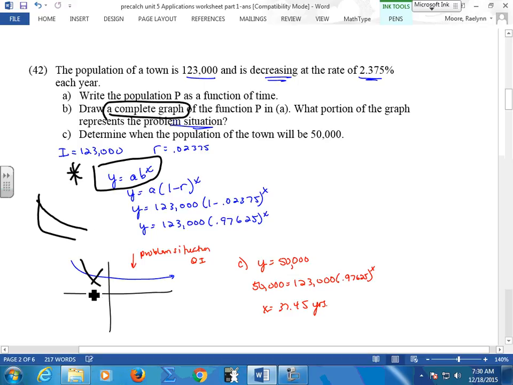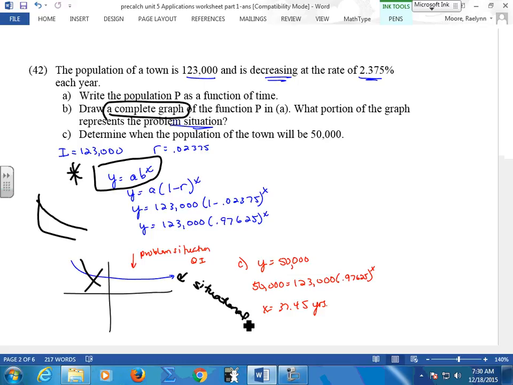Then easy to do, just cross this out. This is your application. This is your problem situation. So when it says what portion of the graph represents the problem situation, you can just write quadrant 1. Okay, that's all you have to write? Cross this out, quadrant 1. Because your exponential curves come from quadrant 2. They've got to begin somewhere. But because we do an application, we only want quadrant 1.